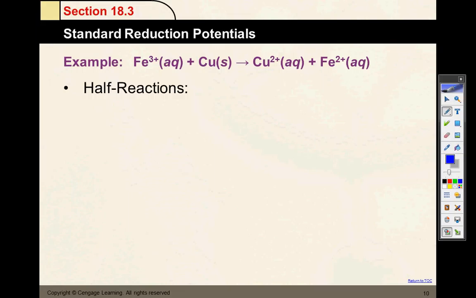Try to fill in the two half reactions, and then we'll check it. You must look up on your standard reduction potential table for the actual values. All right, you can't just do it without the values. So look up the values on your table.